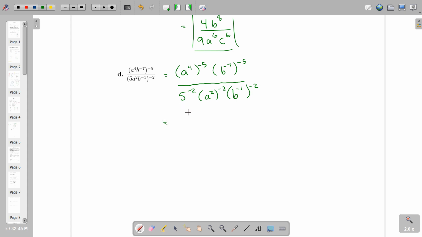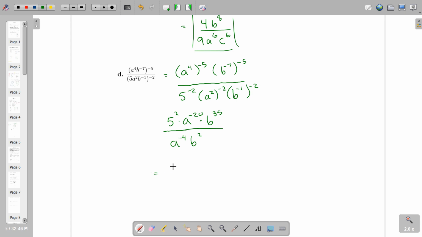All right, so 4 times negative 5, that's negative 20. Negative 7 times negative 5, positive 35. Well, my 5 to the negative 2, right? I don't want to leave that as a negative, so I can bring that up. That's 5 to the positive 2. A to the negative 4, B to the positive 2. All right.